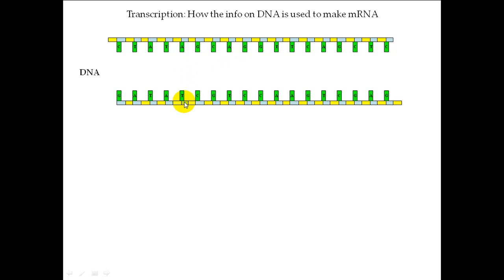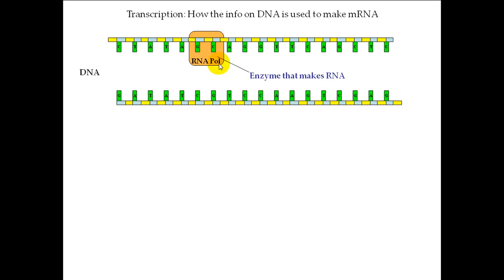The name of the enzyme that does that is called RNA polymerase. Another thing that I often see people have a hard time figuring out is the difference between the different types of polymerases that you might find inside of a cell. Whenever you see that term polymerase, that tells you that it's an enzyme that makes some sort of nucleic acid.